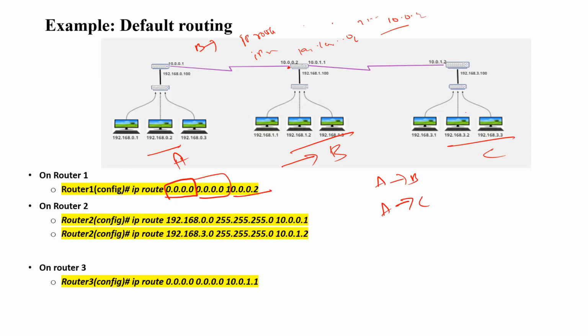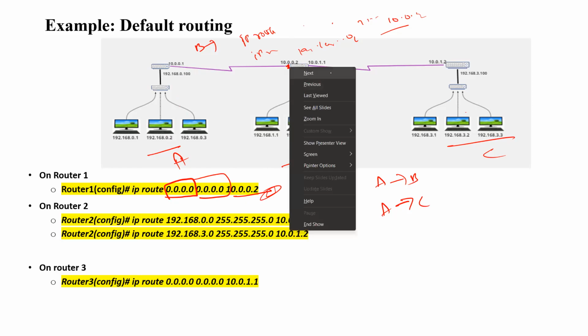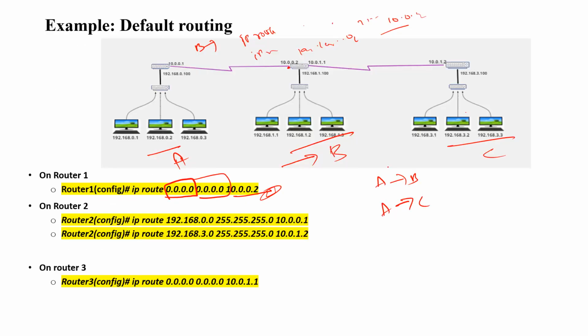So what happens if you write this route? Whatever destination IP you are trying to access, it will forward the path to here itself. Suppose you're trying to access B. For B we don't have a specific route, we have only the default route, so any IP address it will take here. Any traffic, whether from A to B or A to C, has to come to this point only, right?